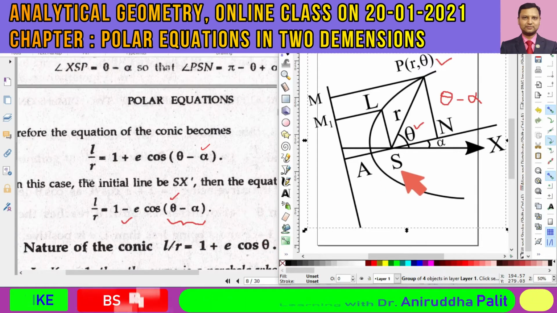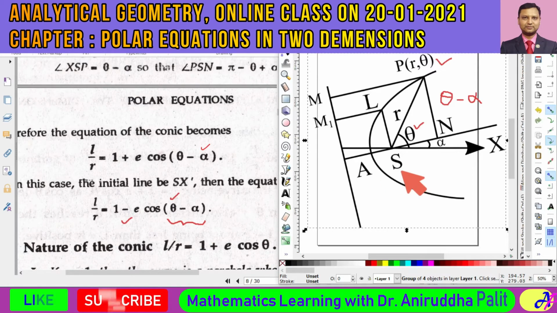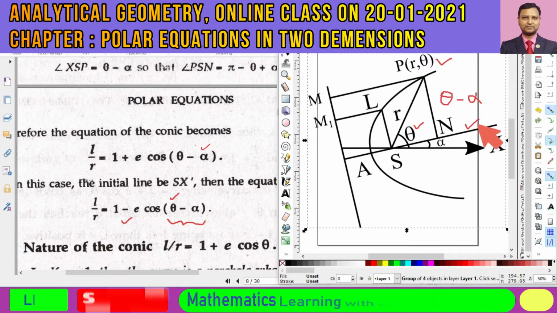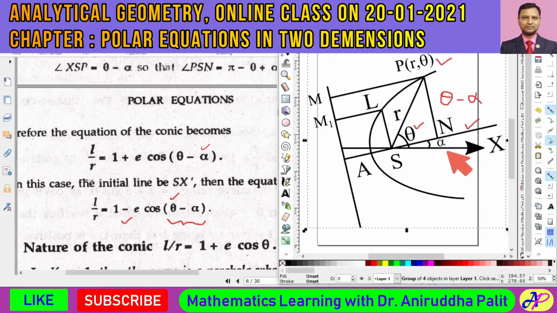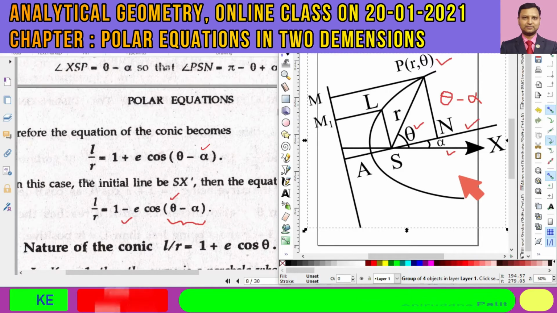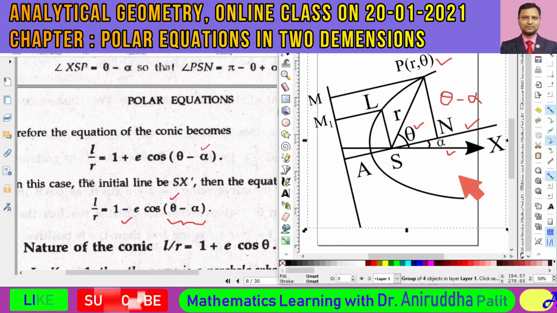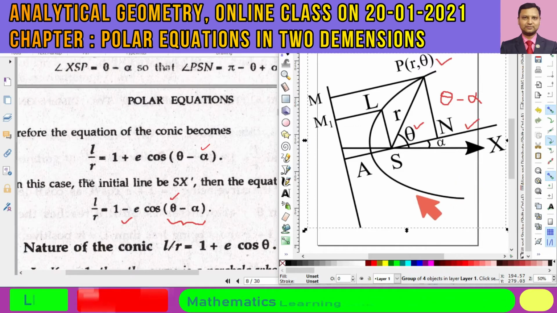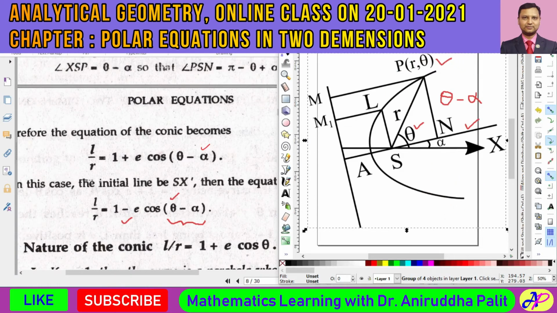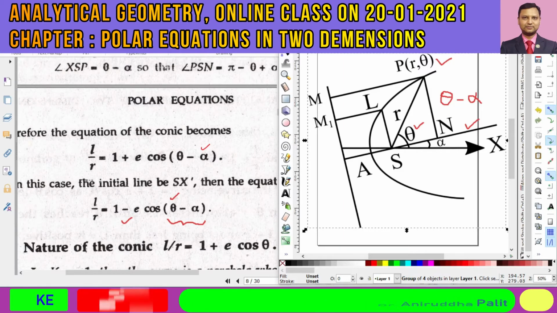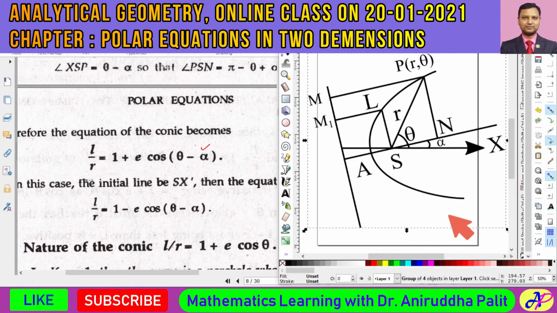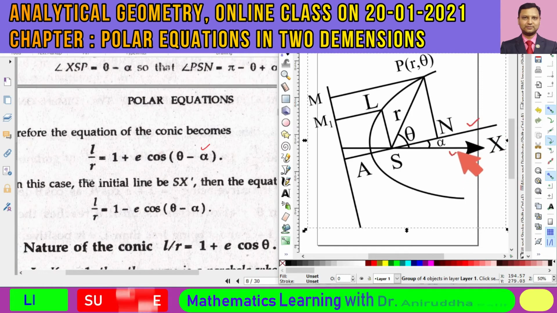You would hardly get one or two problems of this kind, because in most of the problems the axis of the parabola and the initial axis are the same, but only in one or two selective problems will you get this kind of general case, where the axis of the parabola is different from the initial line.